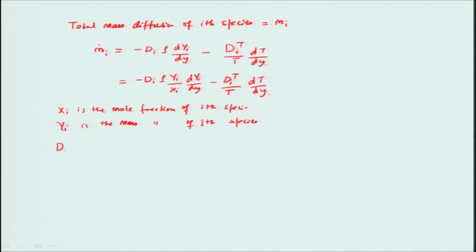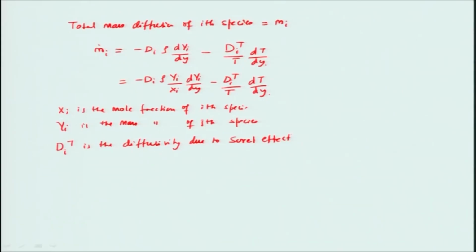D_iT is the diffusivity due to the Soret effect. Soret effect means it is due to the temperature gradient, or thermal diffusion, whatever we call it, and D_i is your mass diffusivity, due to concentration. This is the mass diffusion.